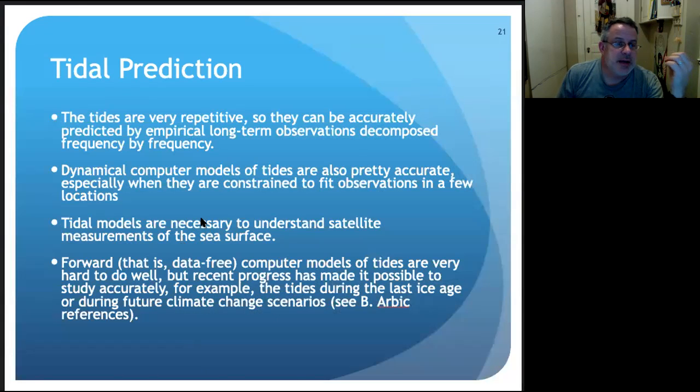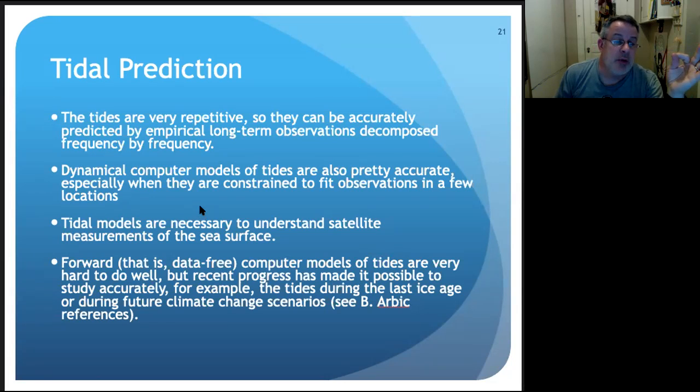Tides are really repetitive, so they're easy to accurately predict, just empirically, just saying, I'm going to fit something to the sidereal day, the solar day, the lunar day, the twice sidereal, twice lunar, fortnightly, etc. You can do pretty well with that. You can actually even anticipate some of the dynamical aspects if you're making that empirical prediction at each location, like every tide gauge, say.